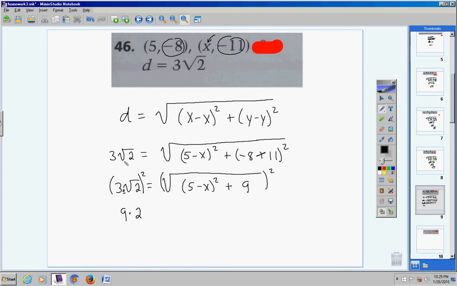That would give you 2 terms. But since we have 1 term, we can square both of these. So really what we're going to end up with here is 18. 9 times 2. When you square the square root, you're left with the radicand, which is this right here.